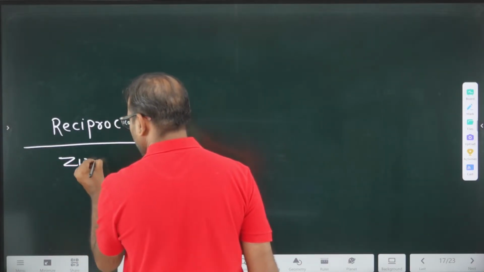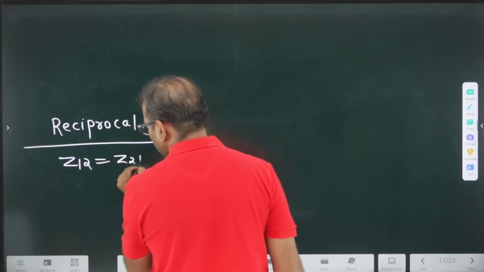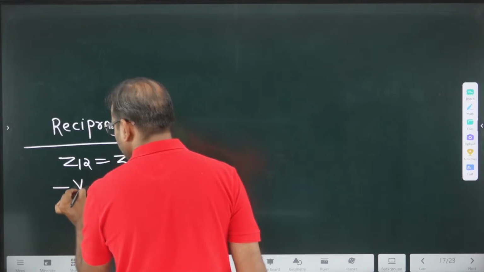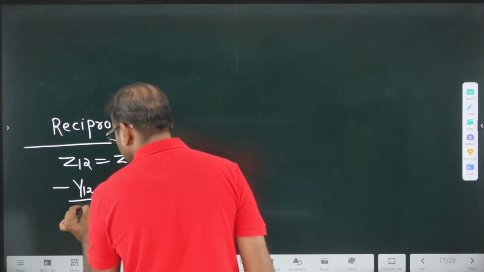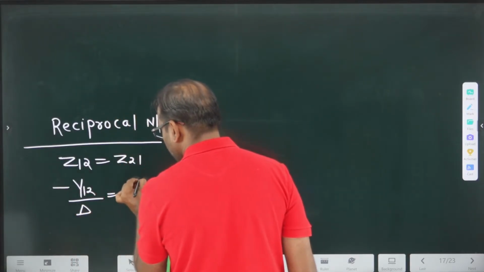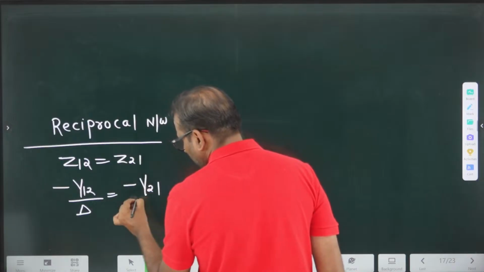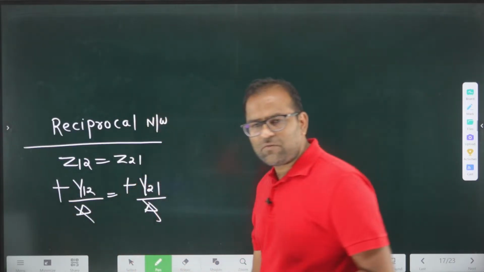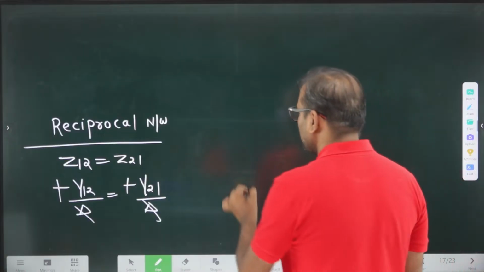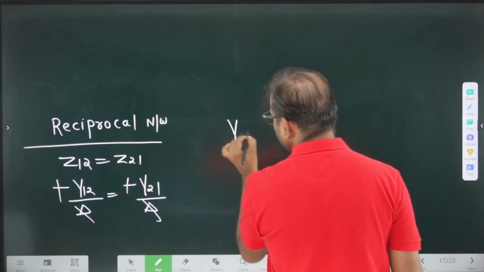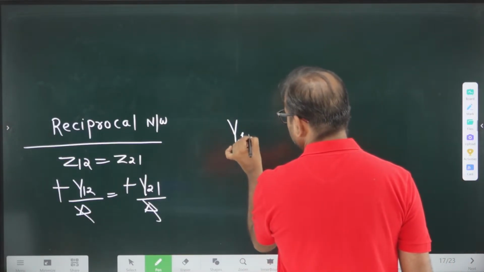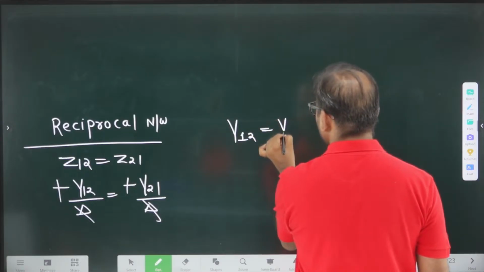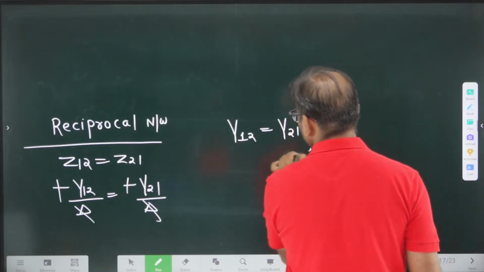Or I can say minus Y12 divided by del is equivalent to minus Y21 divided by del. If del is cancelled, the condition for the reciprocal network is also the same in the two-port Y parameter: Y12 is equivalent to Y21.